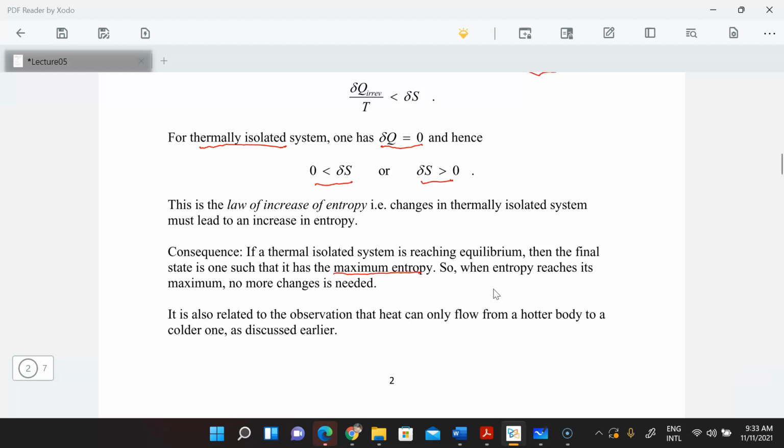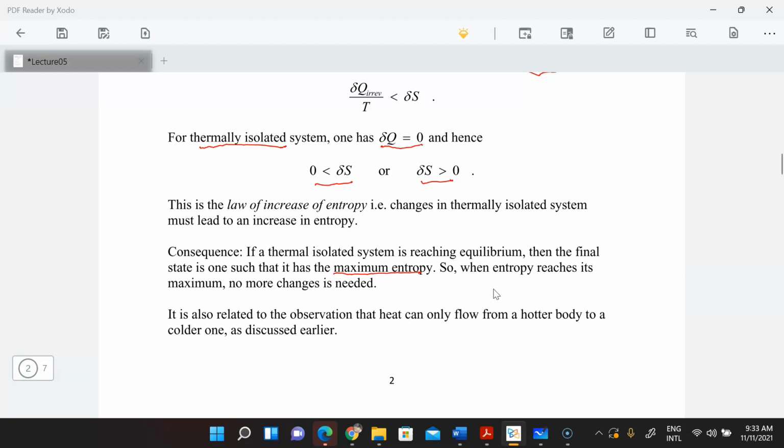Why? Because in that sense, you can no longer make changes to the system. Otherwise you can always increase the entropy, but when you reach equilibrium, there should be no more changes.